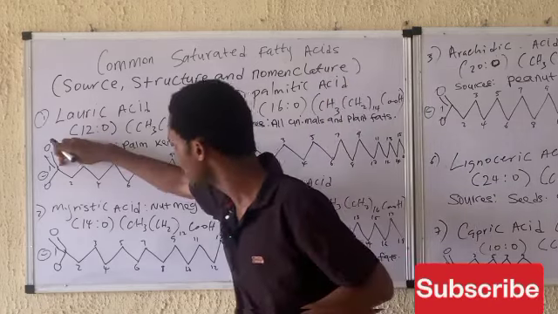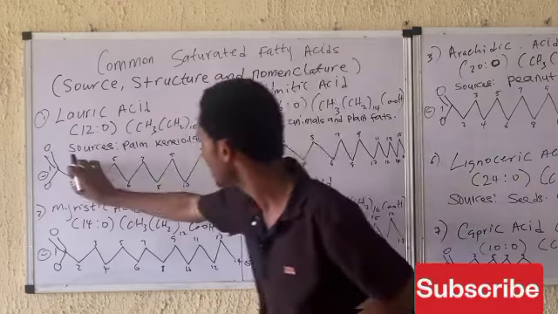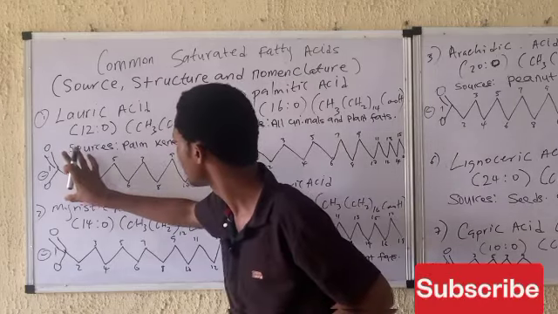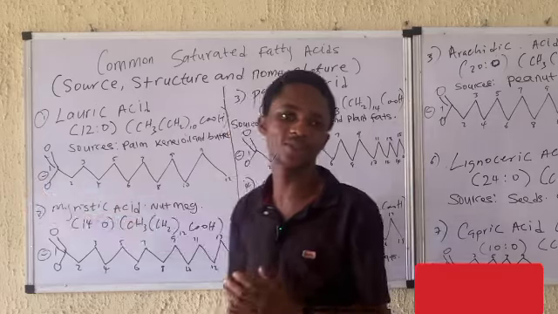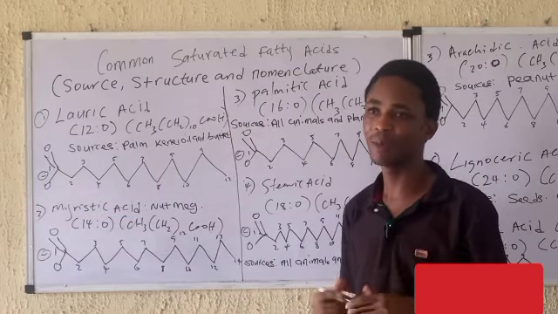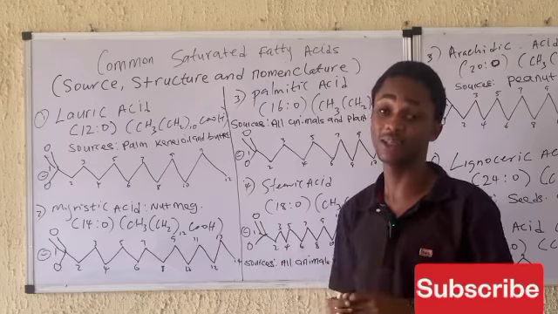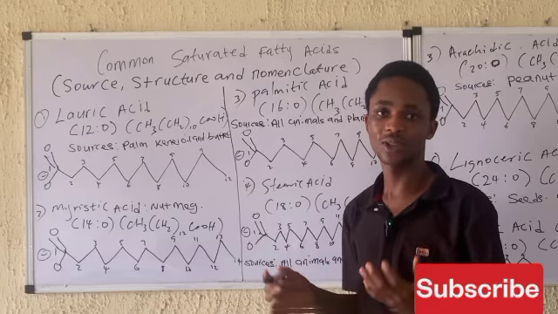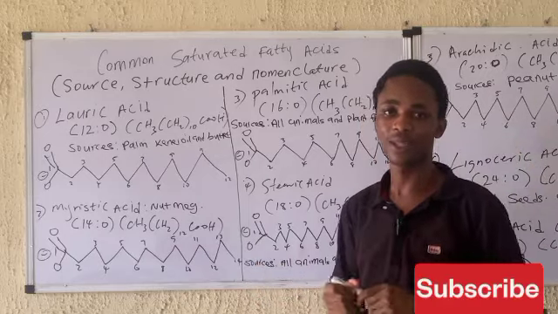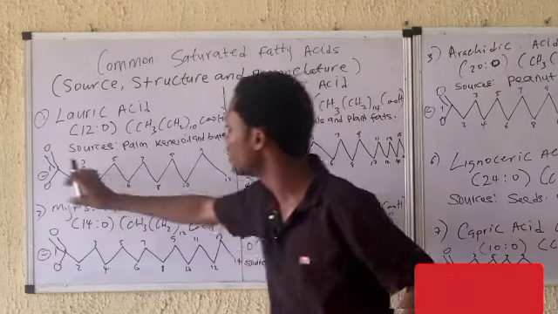Remember that the carbon here has the two oxygens. Now, seeing this negative sign, don't be confused. This is the deprotonated form of the fatty acid. Maybe this fatty acid is in an aqueous solution. Since it is a buffer, when it reacts with water, the proton is released, and that is why we have the negative sign here.